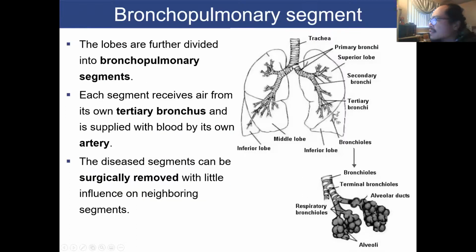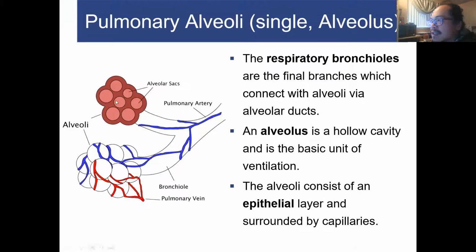Now the next one, the very end, is the alveoli. Single noun is the alveolus. The plural is alveoli. Now this alveoli is the place where we have the gas exchange. So throughout this area, a lot of this bronchial has smooth muscle.